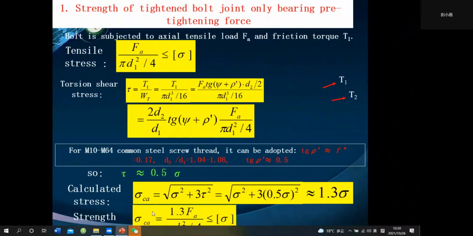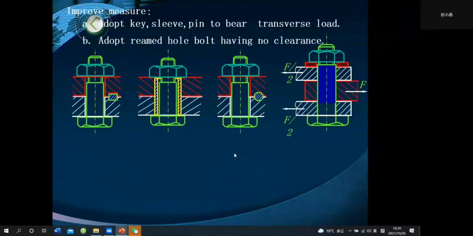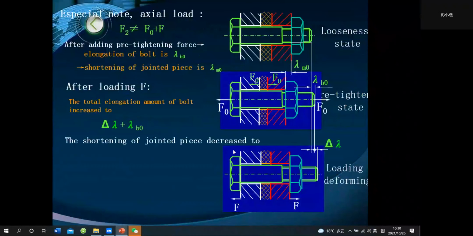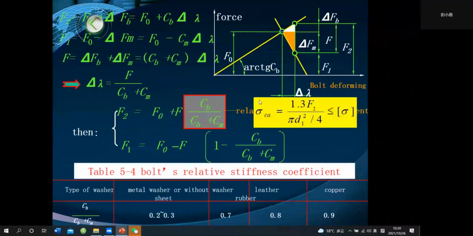The calculated strength is equal to 1.3 times Fa. Fa is the force acting on the bolt. For the first condition, Fa is preload, and in this condition, the force is F2.